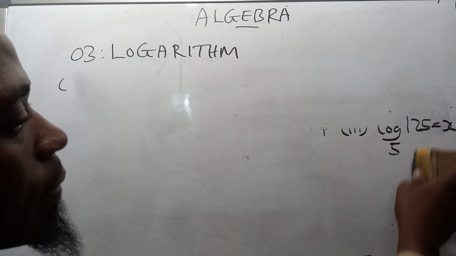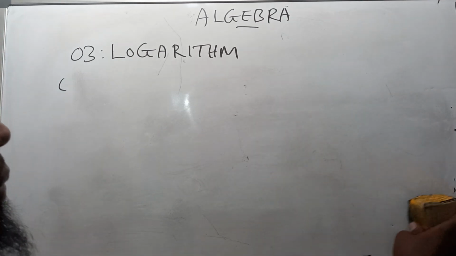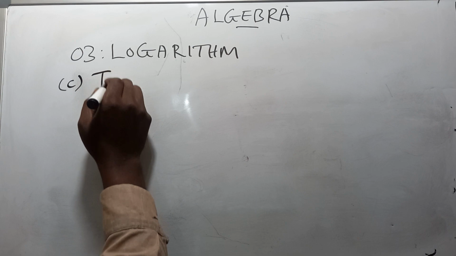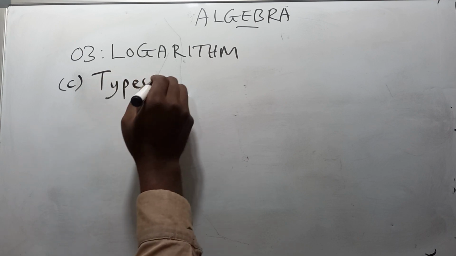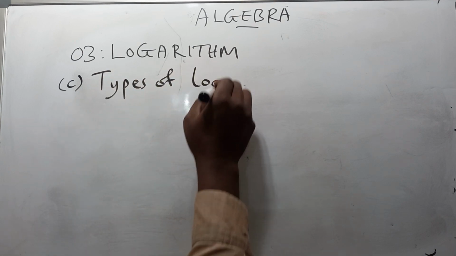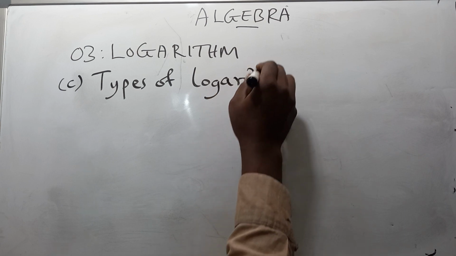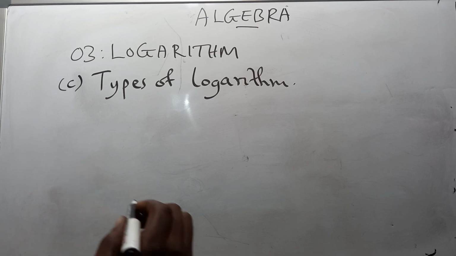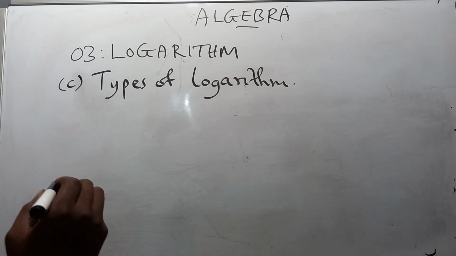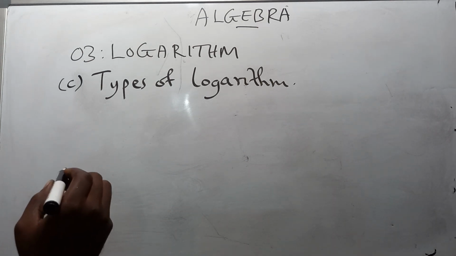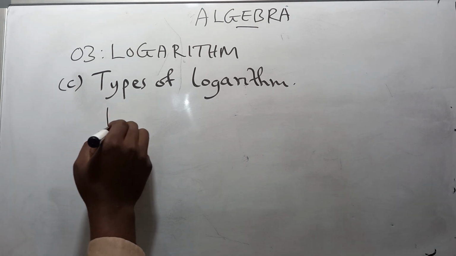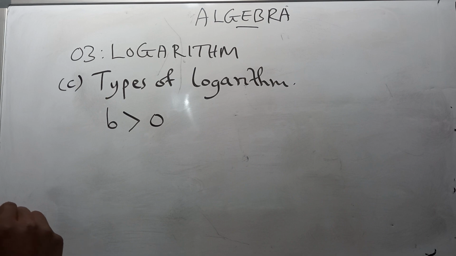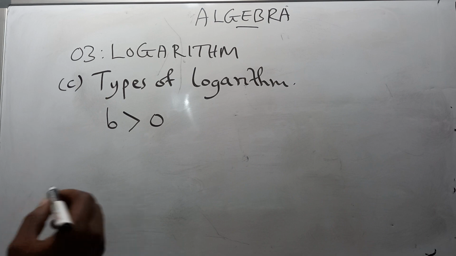Types of logarithm are determined by their base. For a logarithm to be equivalent to an exponent, its base must be greater than 0, except for base equal to 1.